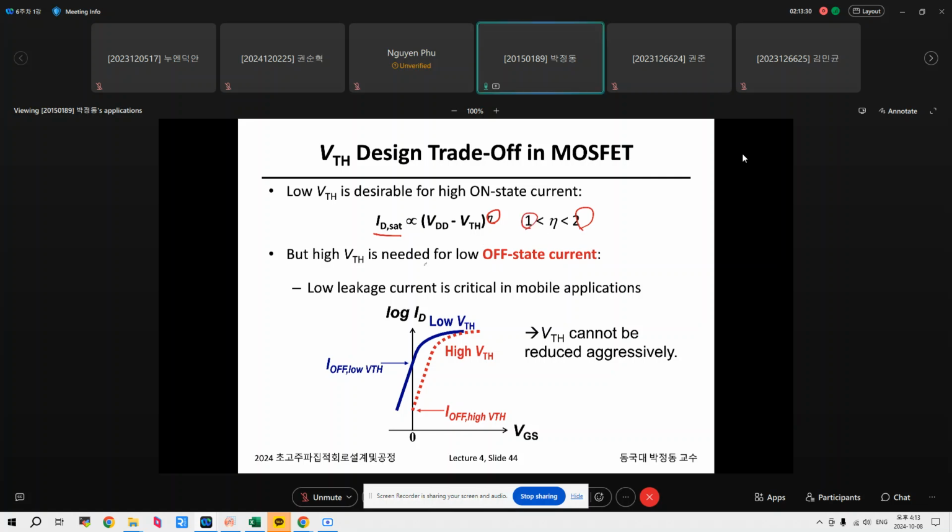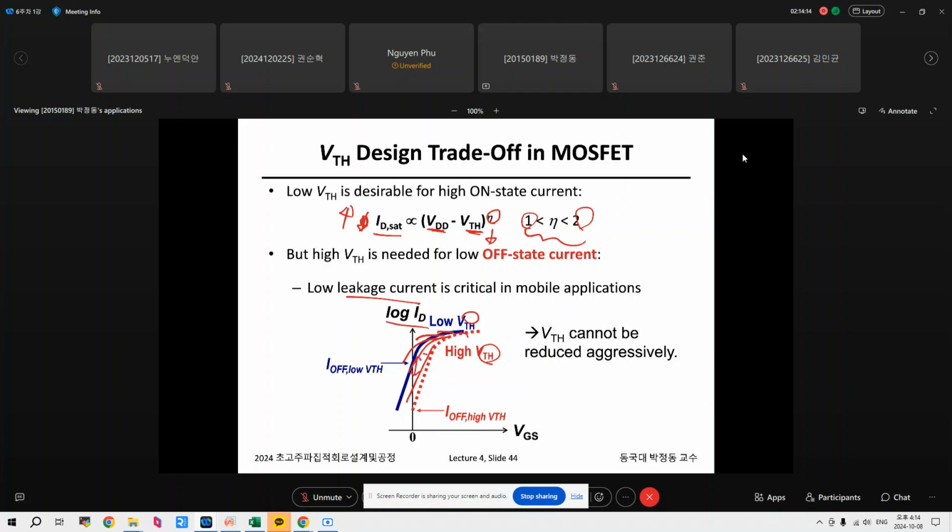So we just model it like this. As can be seen here, in order to increase IDSAT depending on gate-source voltage, we need to reduce V threshold. If we reduce V threshold, the problem is that leakage current is increased. For low V threshold voltage, the leakage current is very high. For high threshold voltage, leakage current is very small. The difference is this amount in log scale.